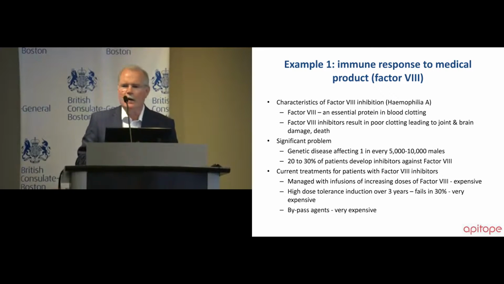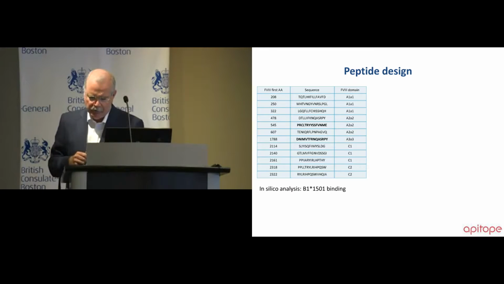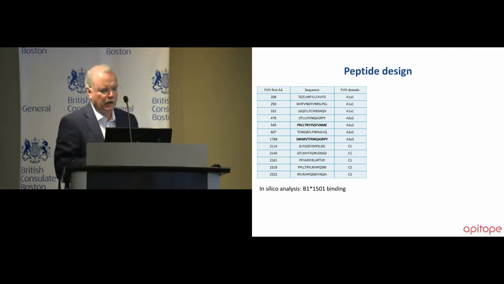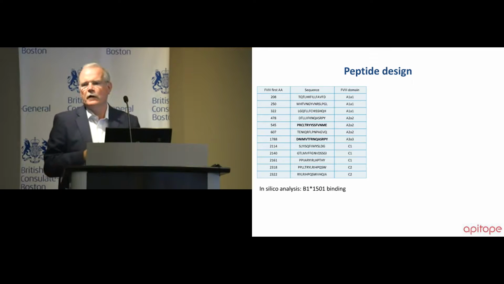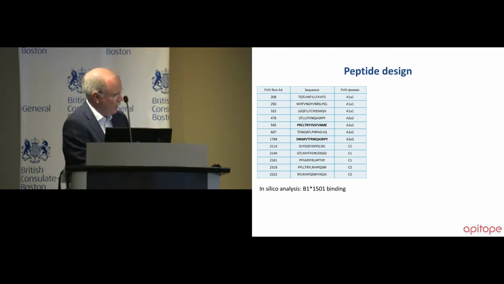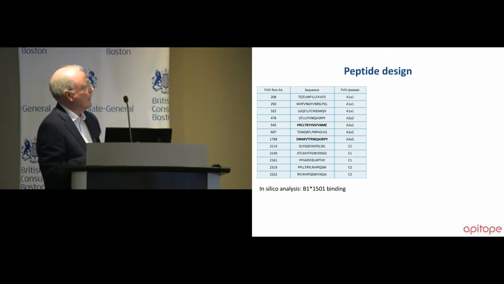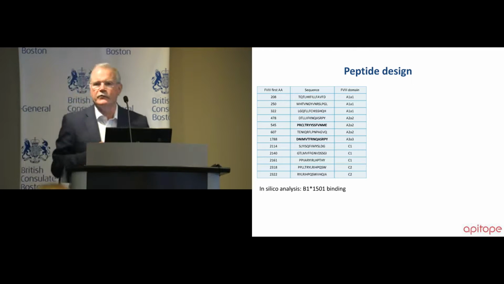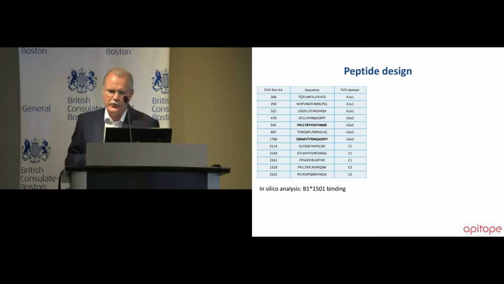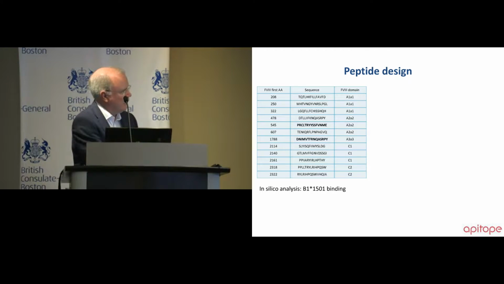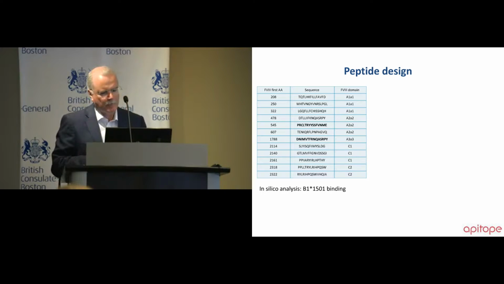So what we have done is to work on an HLA transgenic factor VIII knockout using the B1-1501 DR2 molecule as a target antigen, and designed a set of peptides which by in silico analysis were designed to be high affinity MHC binding epitopes. Okay?